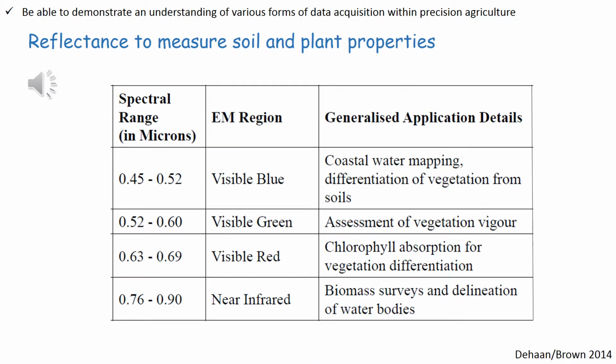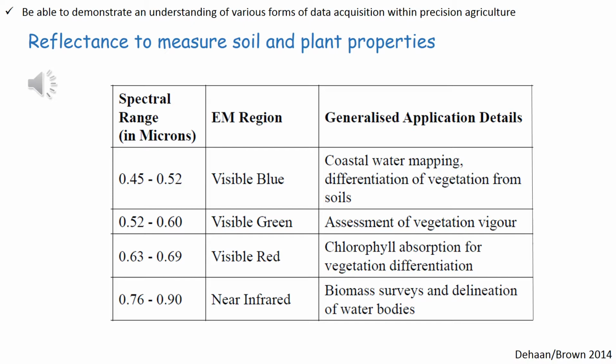In remote sensing, a specialized camera is used to detect the amount of reflectance of electromagnetic radiation from the Earth's surface. This radiation is detected in regions classified as visible blue, visible green, visible red, and near infrared.